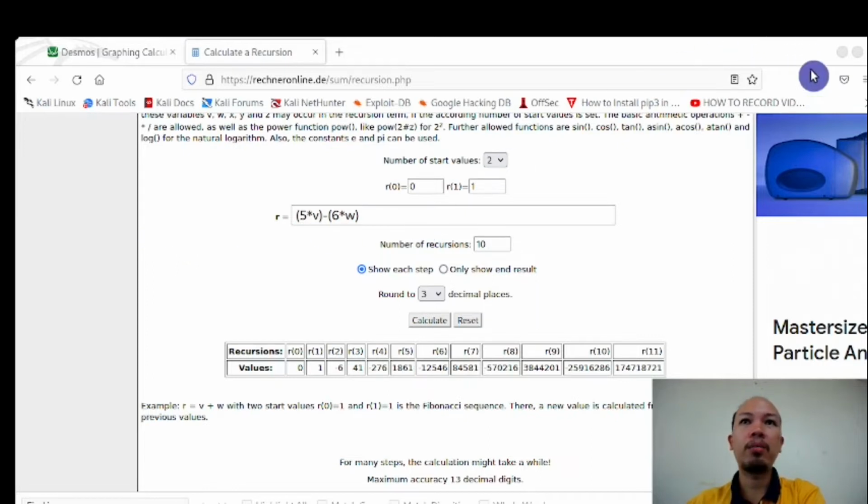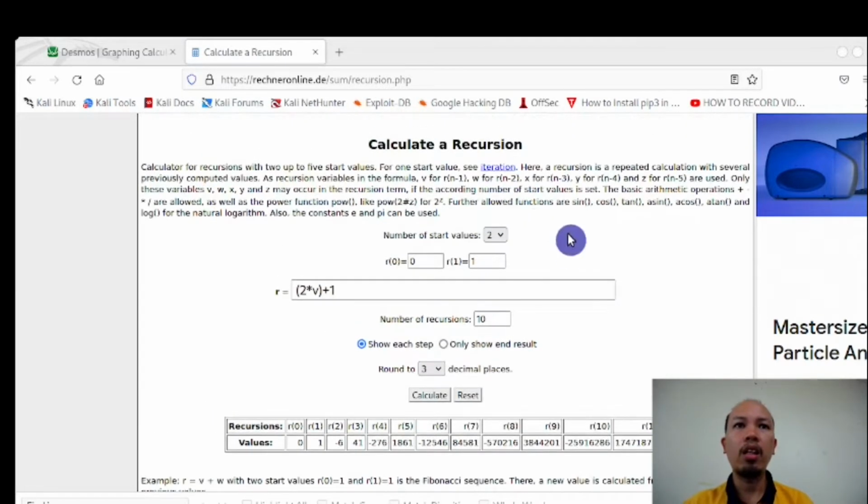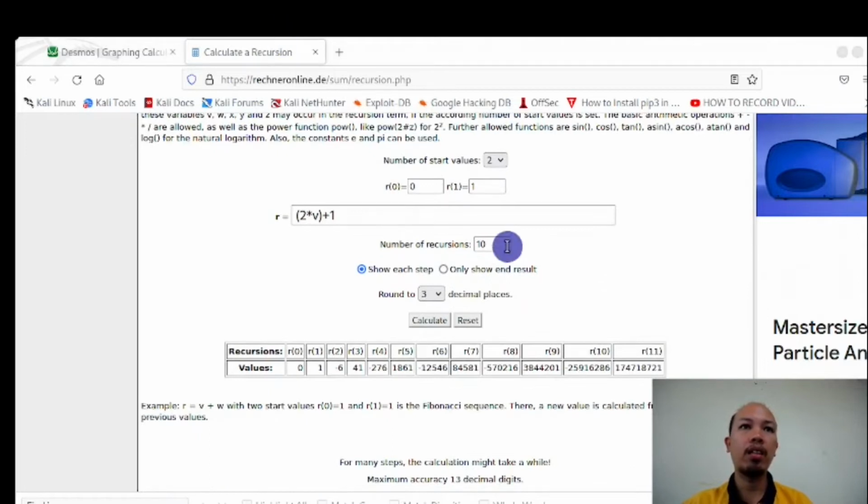So 2 times 2 times n minus 1, plus 1 here, and should be 1, sorry, it will not allow to evaluate only one recursive variable. Okay, so let's try another.